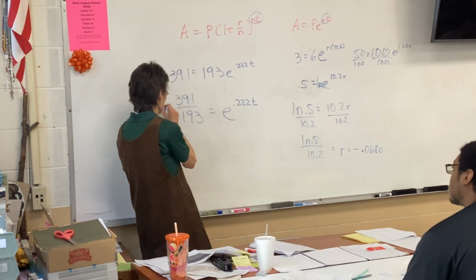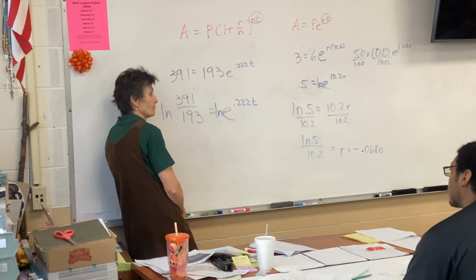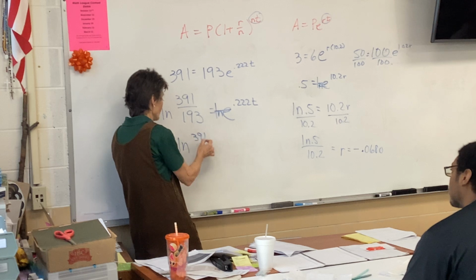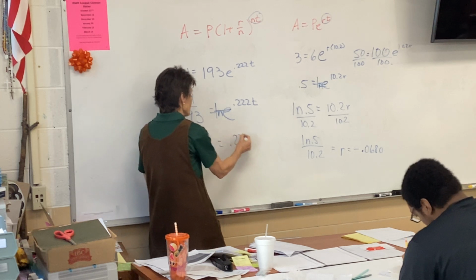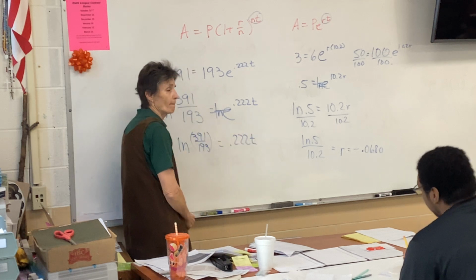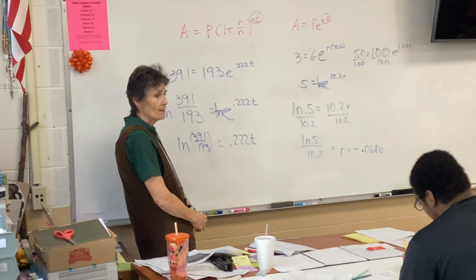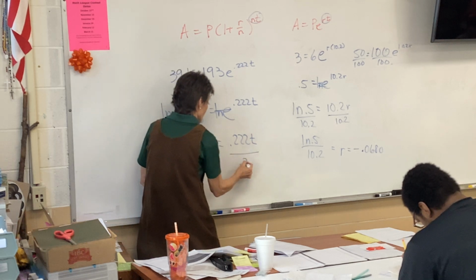Now we're going to ln both sides, and that's going to cancel. So ln 391 over 193 equals 0.222t. And then we divide by 0.222.